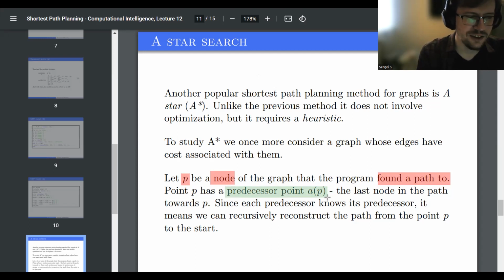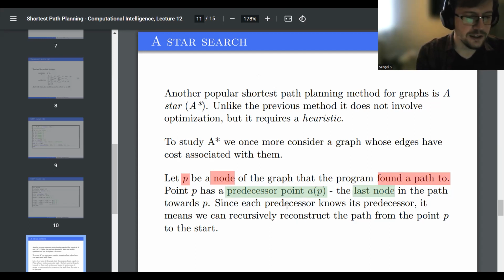Predecessor and previous, etc., all start with P, so I decided to use A, ancestor. Predecessor point A of P is the last node in the path towards P.